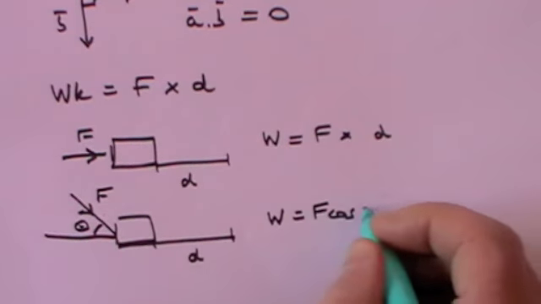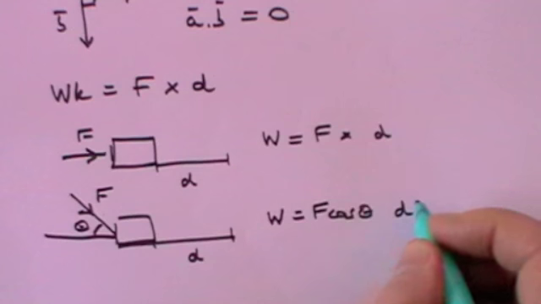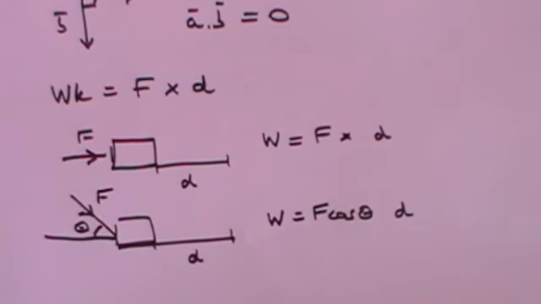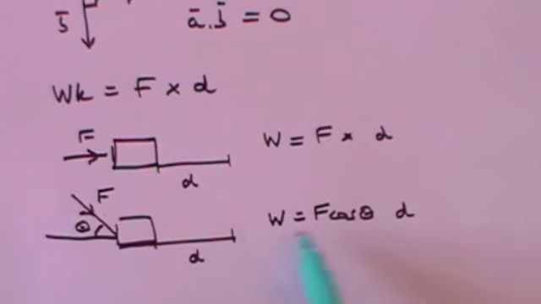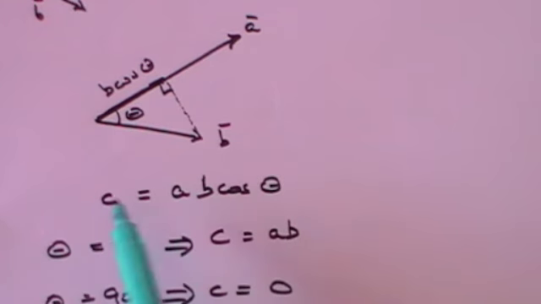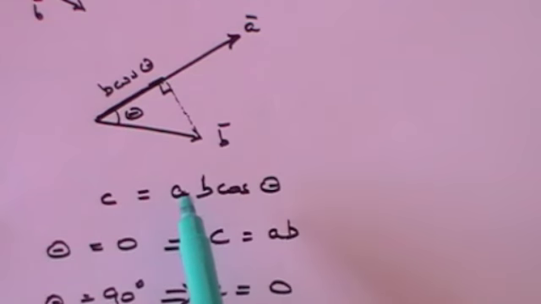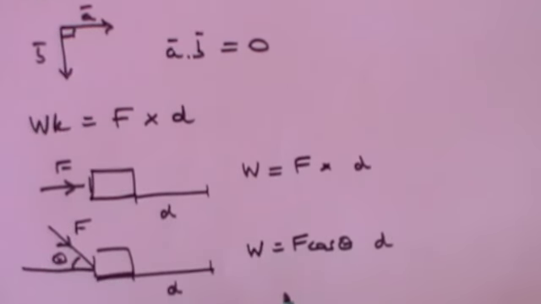So that's going to be F cos theta multiplied by D. And you can see that that is in principle the same as this formula here. This is the work done, this is force, B cos theta, and A is essentially the distance.